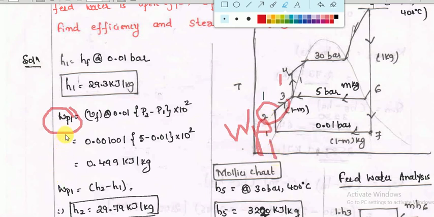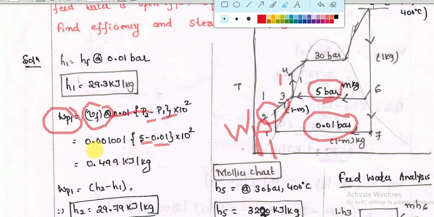Pump number 1 is pumping the water from a pressure of 0.01 bar to a higher pressure of 5 bar. So the formula becomes Vf, the volume of the fluid at 0.01 bar, times P2 minus P1, that is 5 bar minus 0.01.